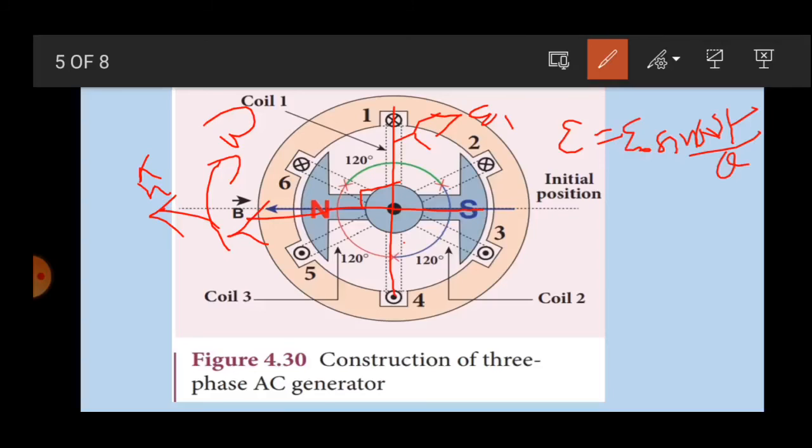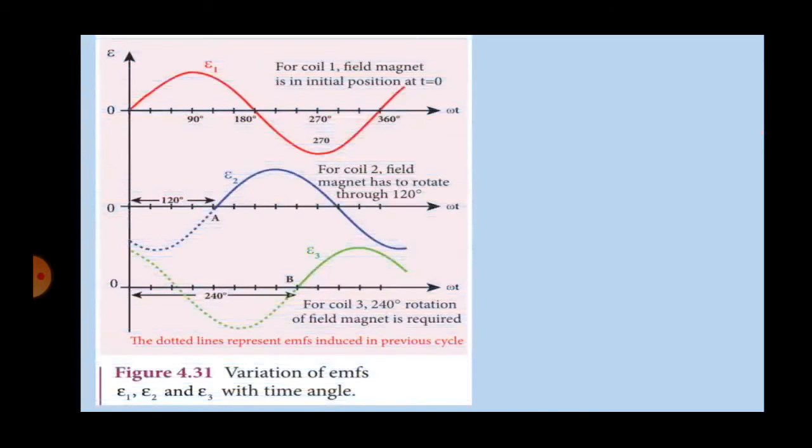Okay, now in this section, let us see the graphical method. Now this is the first armature coil. It produces an alternating induced EMF.